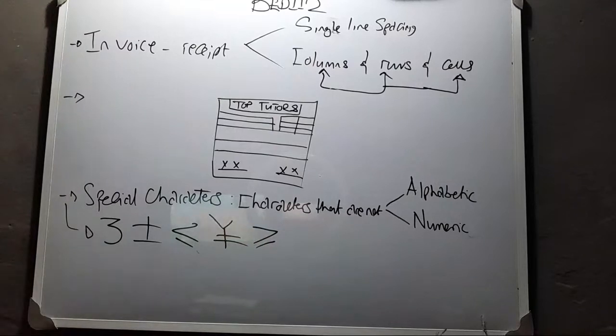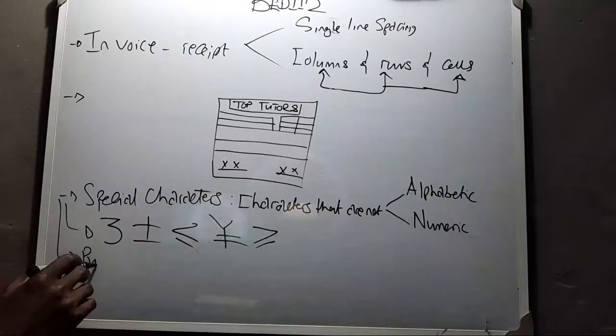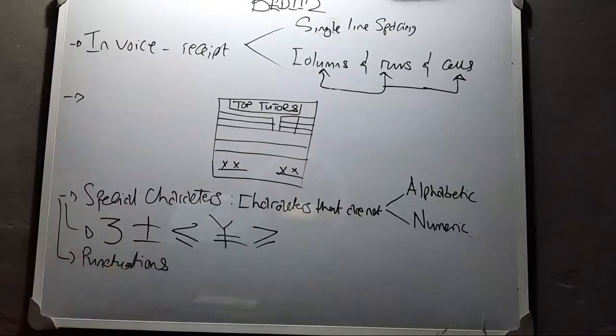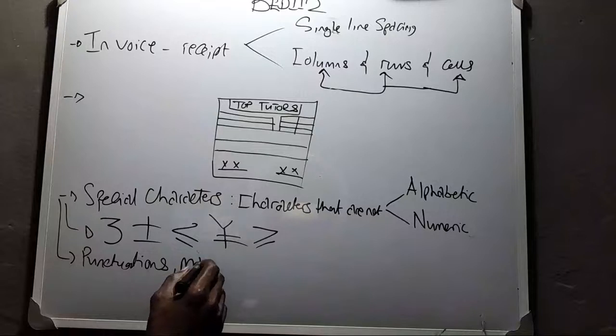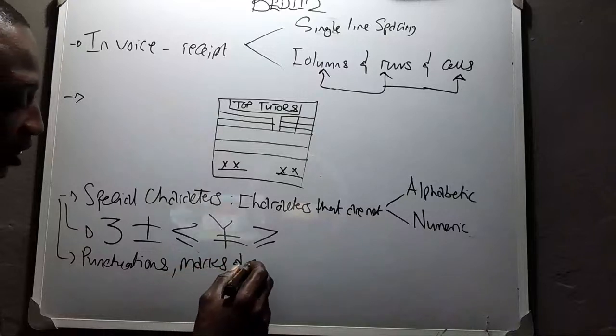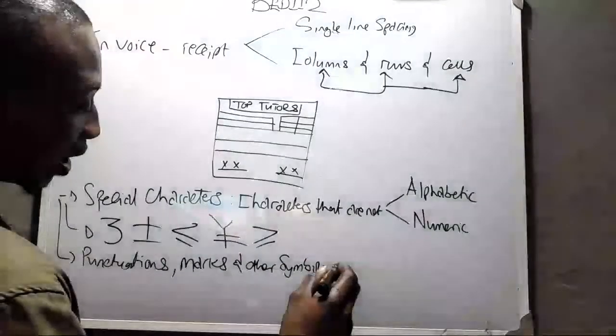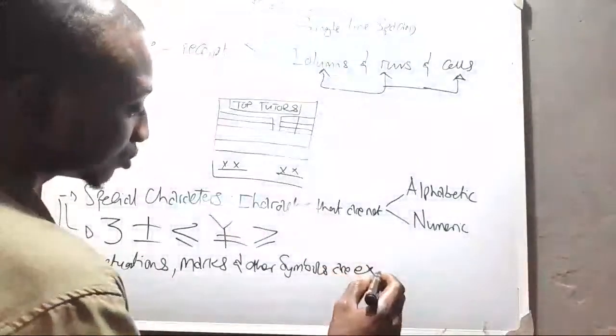Now, punctuation. So we can say punctuation, marks, and other symbols are examples.